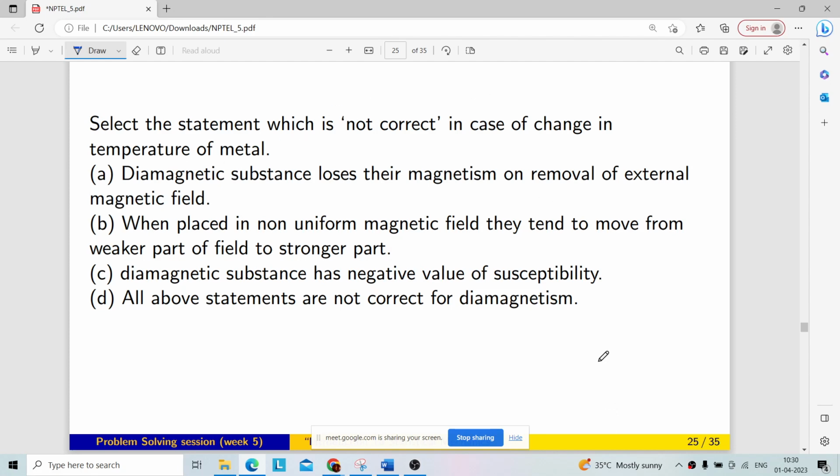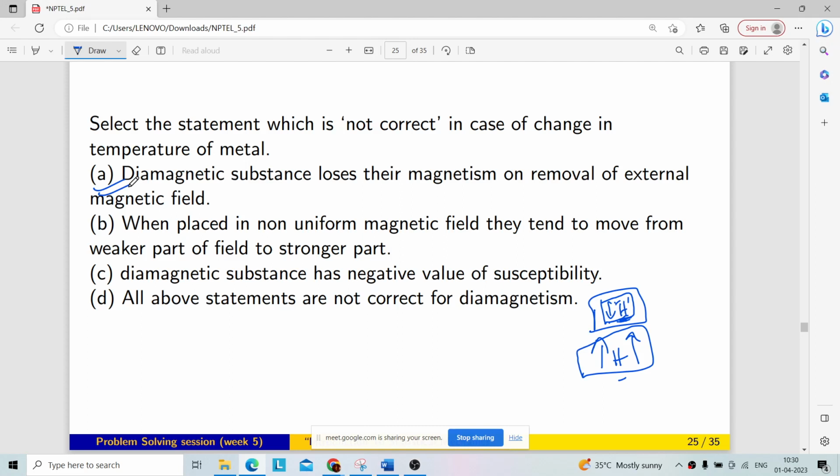As long as you are applying the external magnetic field, it will keep on inducing its induced magnetic field opposite to the direction of the applied magnetic field. As you switch off this external magnetic field, its induced magnetic field also will go to 0. So this is correct.